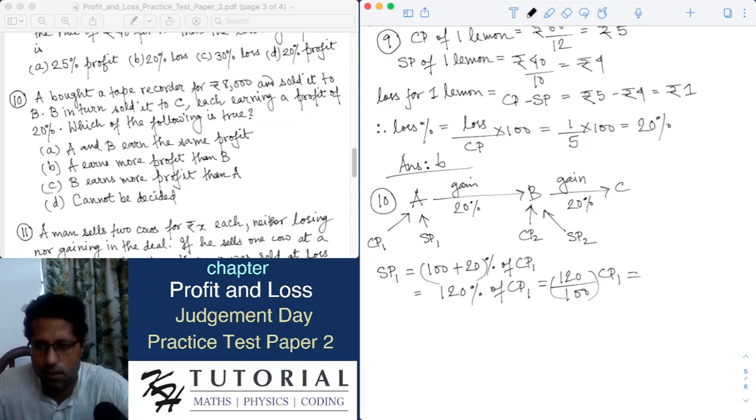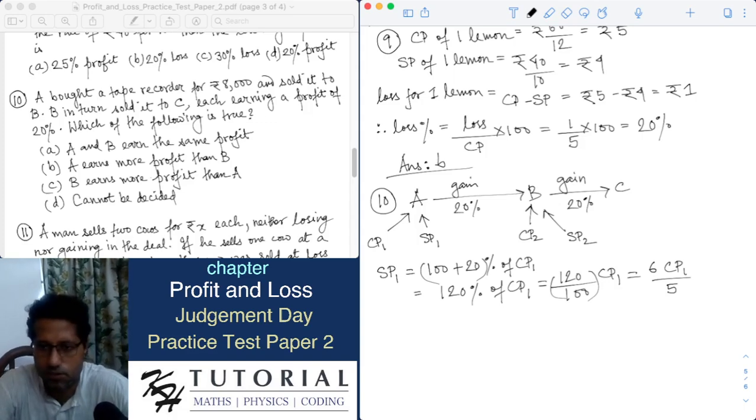If you simplify 120 by 100, this becomes 6 CP1 by 5. This is the selling price of A, that is also the price at which B purchased.